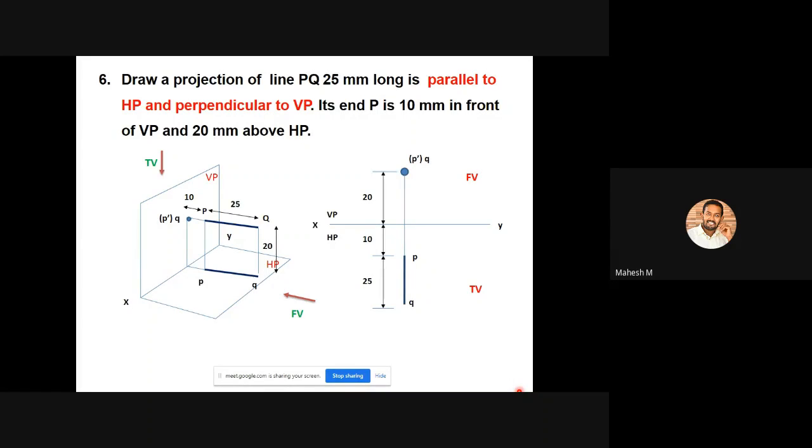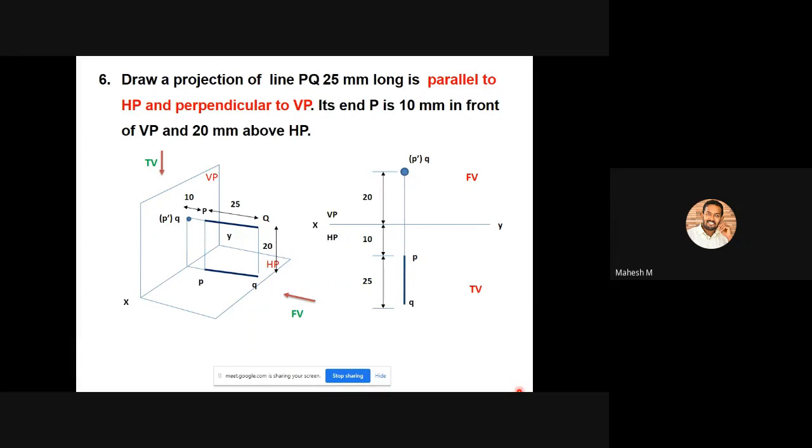Where should we pick the point, I am asking. Sir, 10 mm in front. Reference line, okay, reference line below, sir. 10 mm below. Okay.